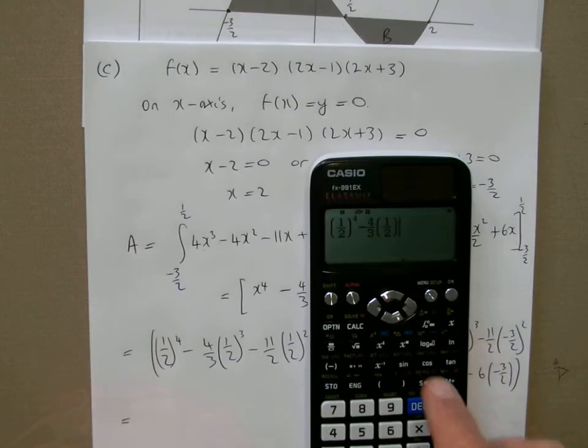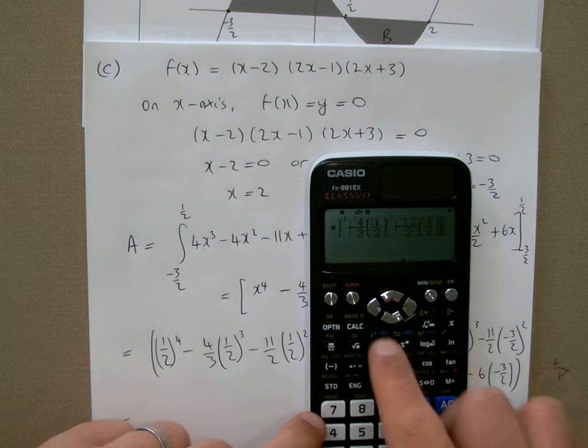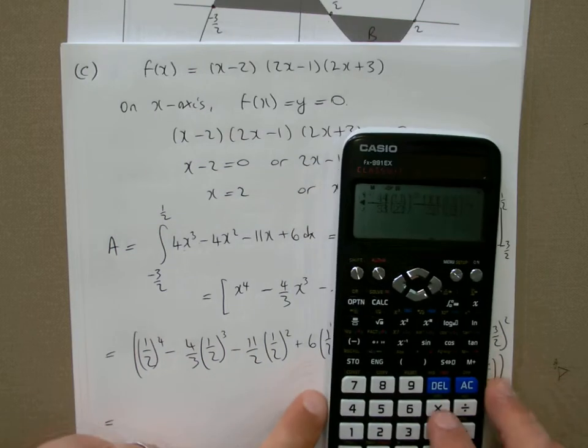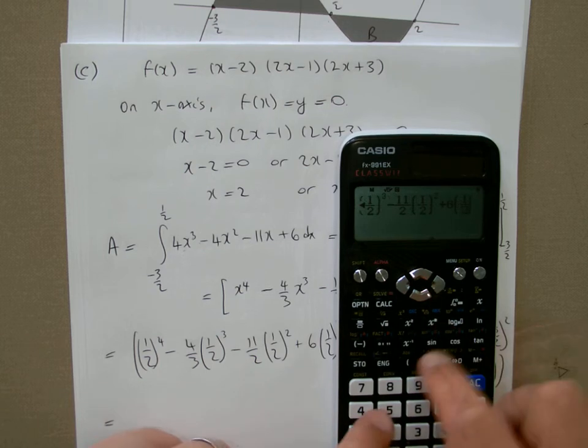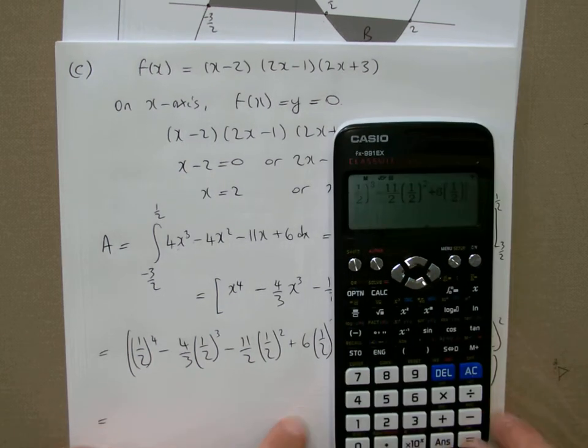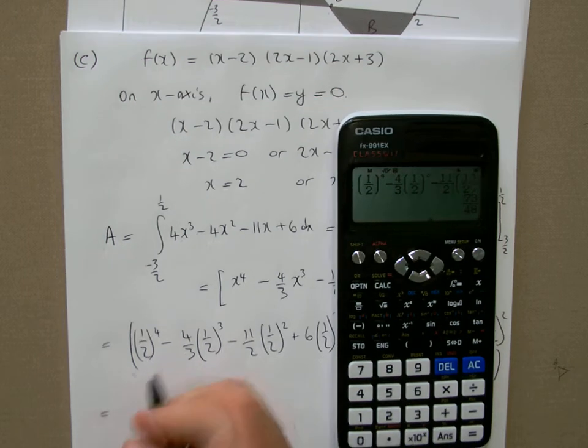That would be cubed, wouldn't it? Minus 11 halves times 1/2 all squared, plus 6 times 1/2. Okay, that's it. So I worked that out, and it comes to be 73 over 48.